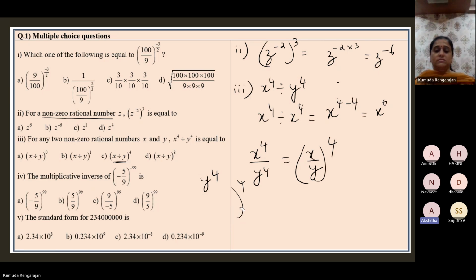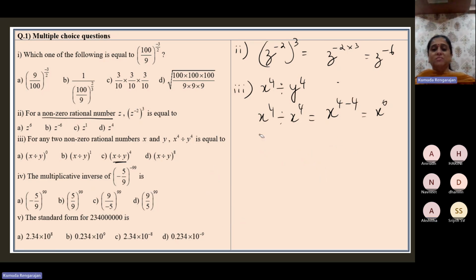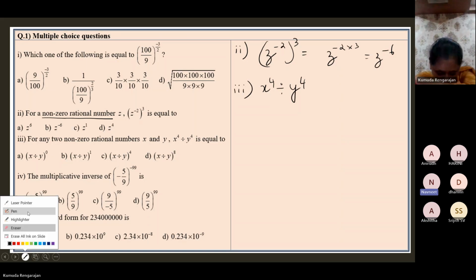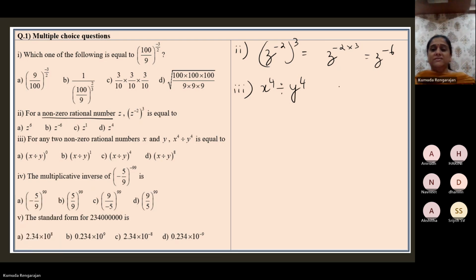Ma'am, so we will not change the base and the power, right? No, you cannot simplify this at all. Bases are different. You cannot simplify. Okay, see, x is raised to the power 4, y is also raised to the power 4.